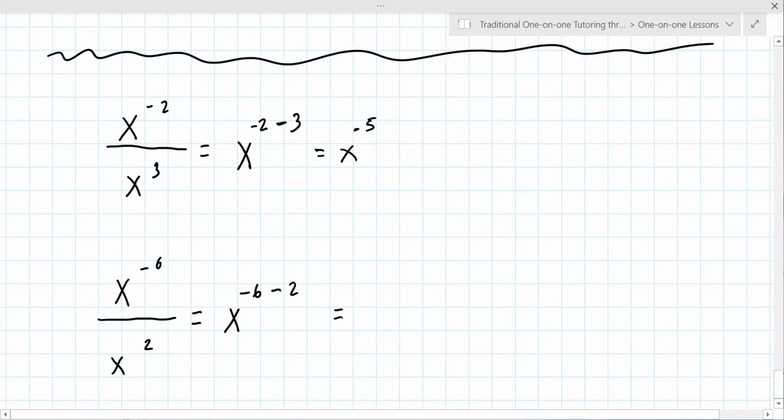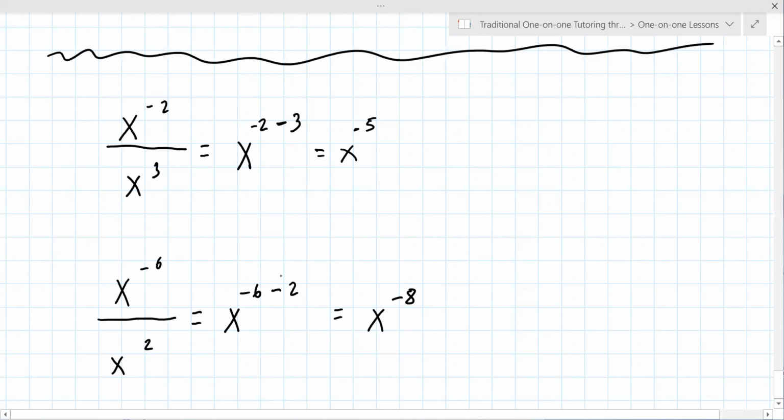Then you fill in the answer here. x^8, x to the -8.